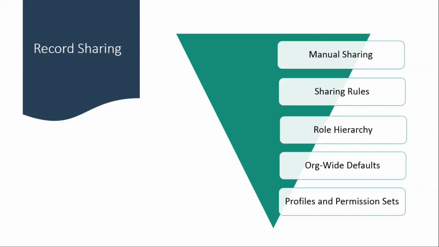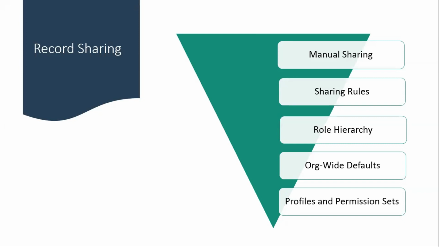Then comes the role hierarchy. Role hierarchy is when we check the checkbox Share Using Role Hierarchy, which means we are allowing the person who is higher in the role hierarchy to access that record, based on the permission we have granted to them. Then comes the sharing rule. We are going to see how to set up the sharing rule, and then there is manual sharing.